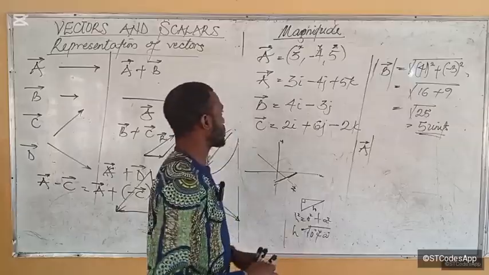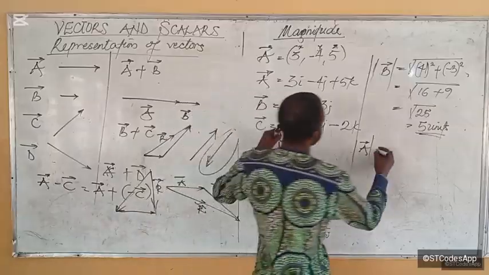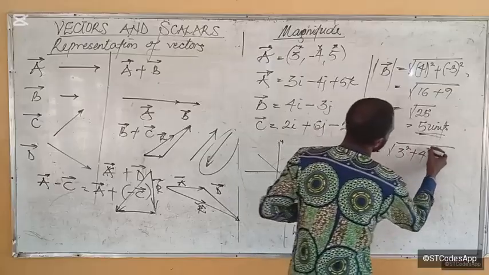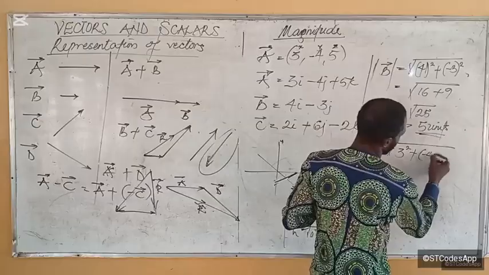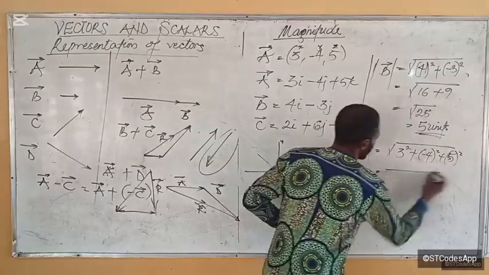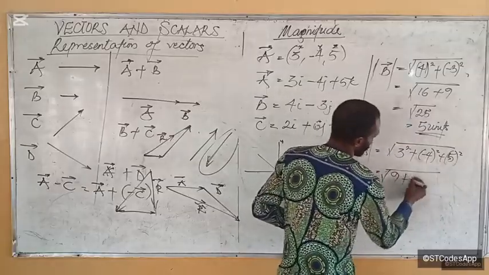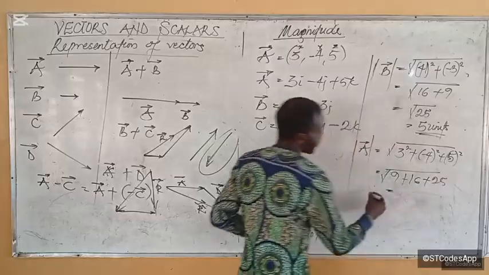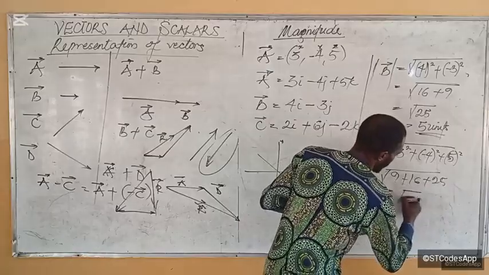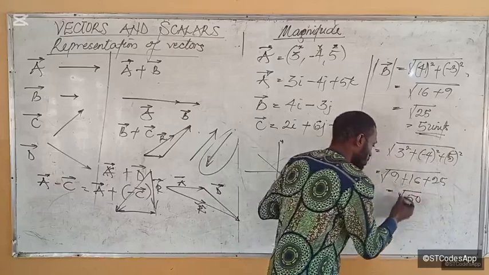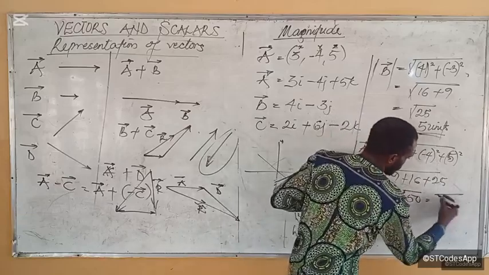So what we wanted was to get the magnitude of vector A. We put modulus. Those two lines there represent modulus. This is how we call it, magnitude of vector A or modulus of vector A. And it's taken as the square root of the first value squared plus the second value squared, which is negative, plus the third value squared. 3 squared is 9, 4 squared is 16, 5 squared is 25. Keep in mind that if you square a negative value, it will be positive.